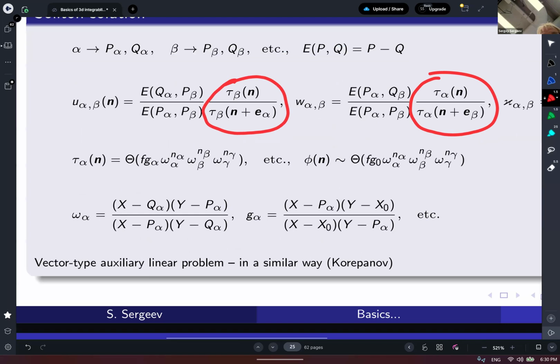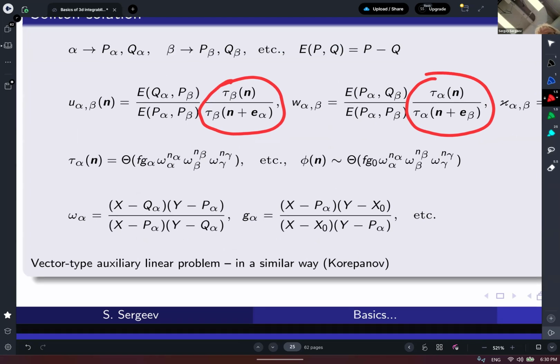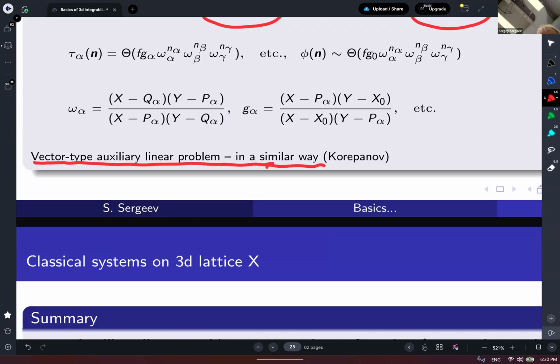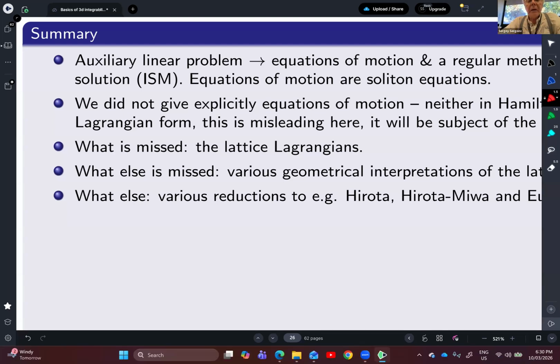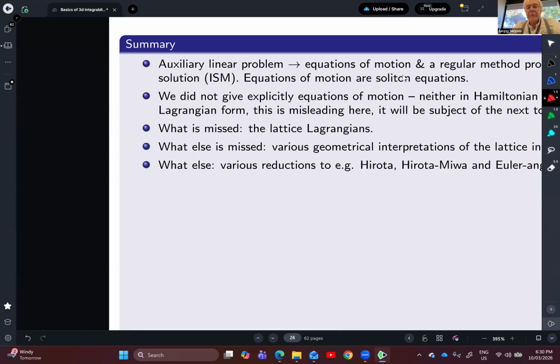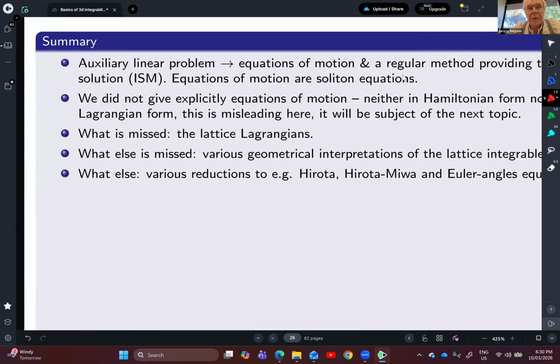For the vector type, something similar. Well, summary. What's important is to look at the linear problem. And a very important ingredient is the determinant, the spectral curve. The spectral curve is of great importance.